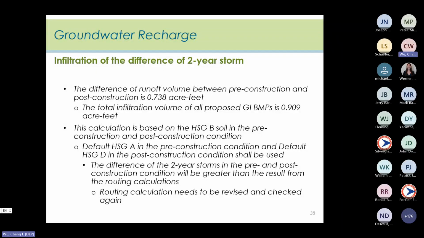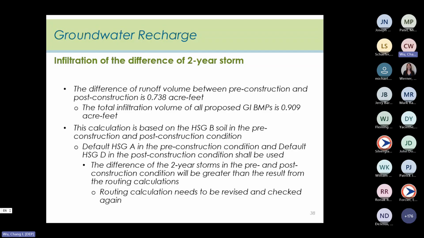So after the water quality requirements, we will look at the groundwater recharge requirement. For this project, we use infiltration of the difference of the 2-year storm from pre and post. In their proposed design, the total infiltration volume by all proposed GI BMPs is greater than the difference of the 2-year storm.